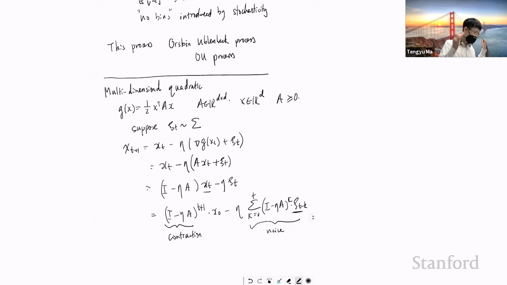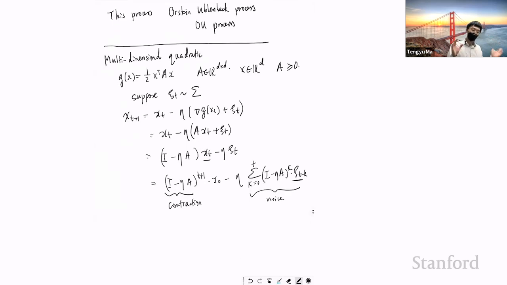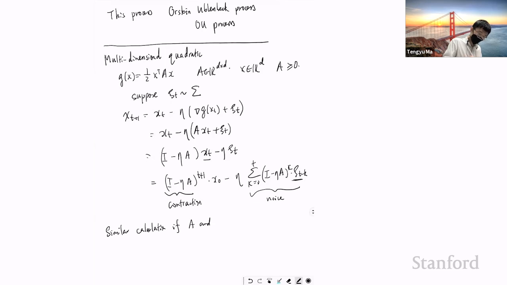So this becomes a more complicated formula, but you can still do the same thing, so you can still do a similar calculation if A and Σ are simultaneously diagonalizable.